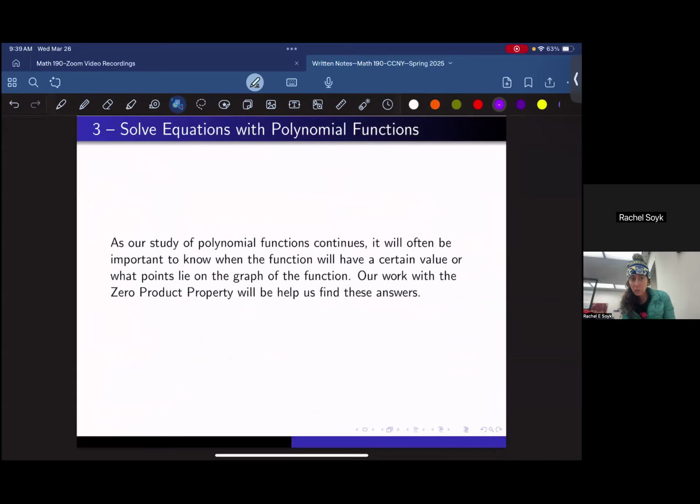So we're finally on to our third objective, which is being able to solve equations with polynomial functions. As this whole study of our polynomial functions continues throughout this course, it's important to know that when you're evaluating it at a certain value, most commonly a numerical value for x, you're just plugging that into your function to spit out the numerical output value, aka the y value.